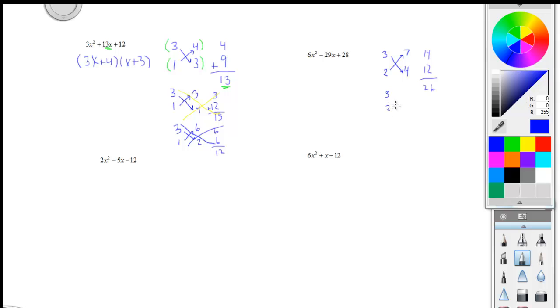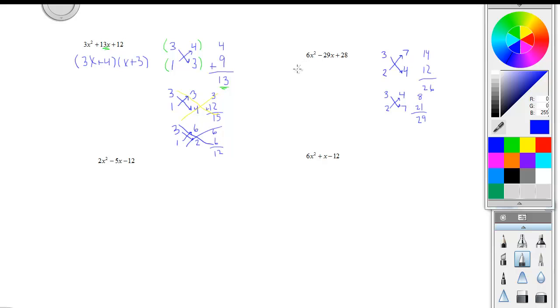How about 3 and 2 and 4 and 7? This time I get 8 and 21, and those do add to 29. And these are the winners, so the factors will be 3x and 4 and 2x and 7.